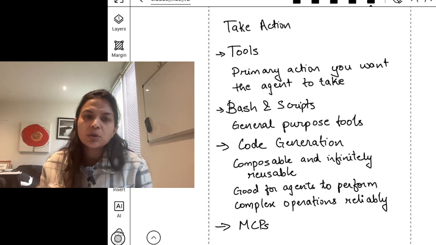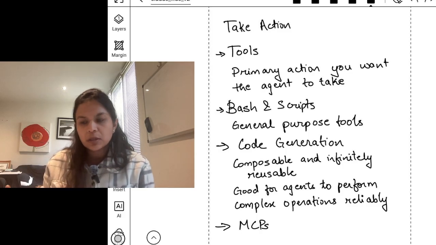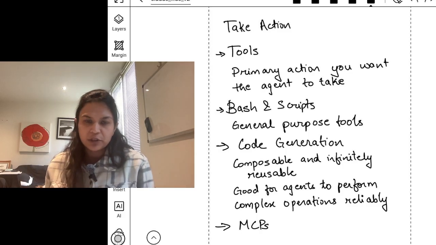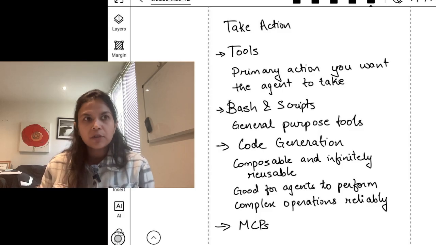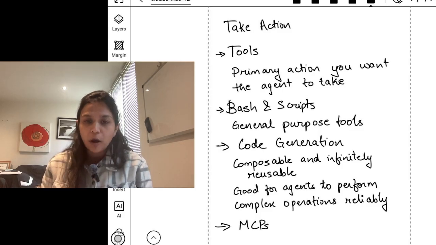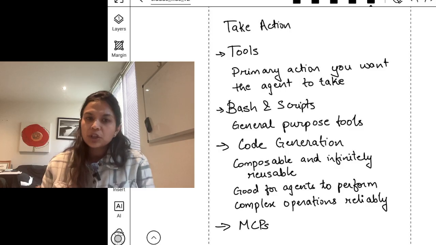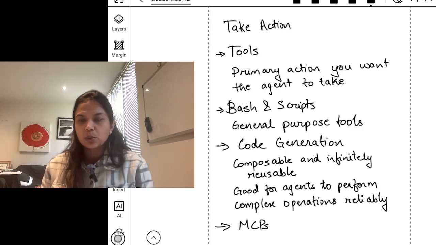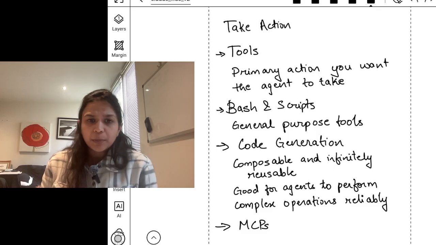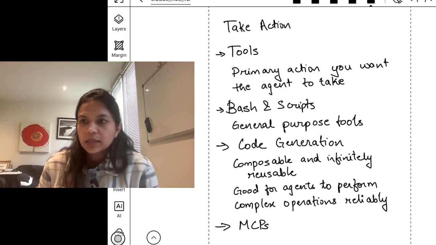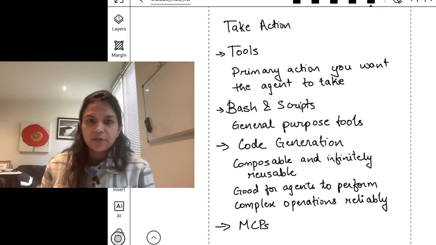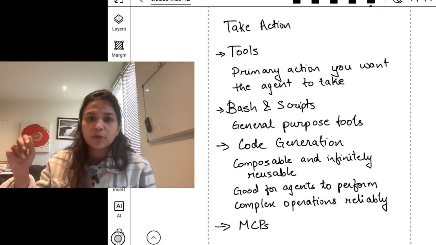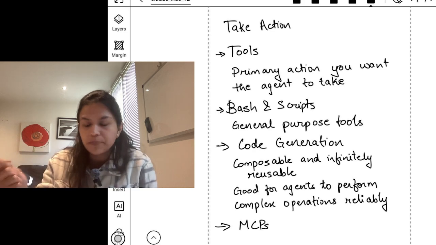Then the third thing is code generation. Code generation in terms of coding agents is obviously a very useful tool to have. But even for non-coding tasks, for really complex operations, code generation is a very useful tool. Like the previous example, the agent can write scripts to perform searches, to build your PPTs, to convert PDF into text, or to extract text from some image or some PDF, right?